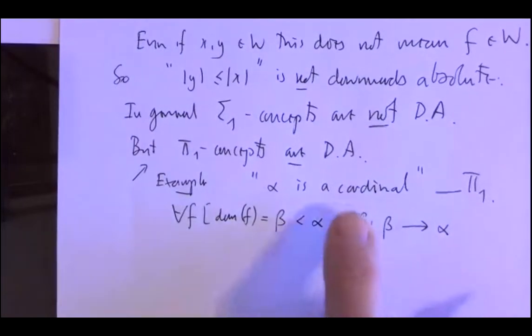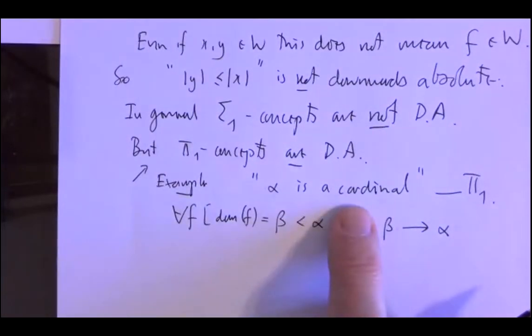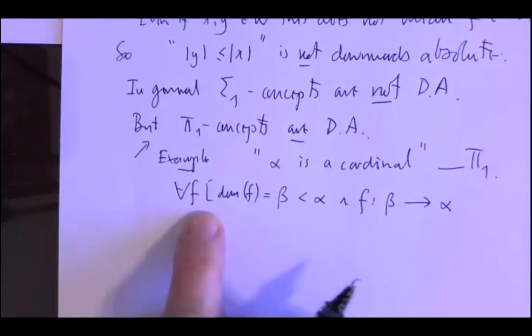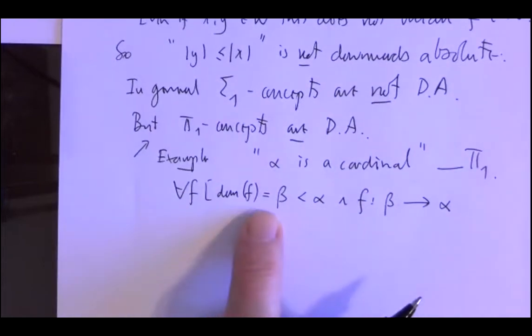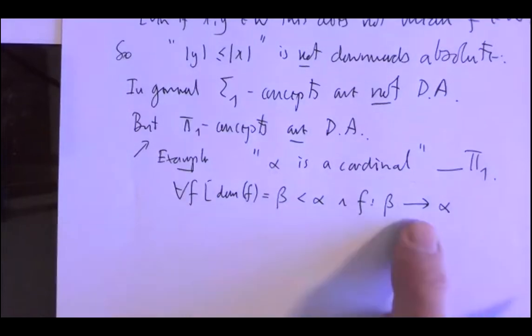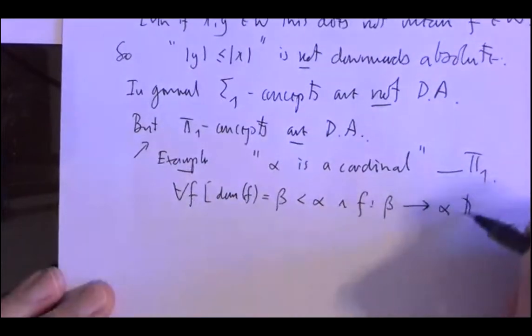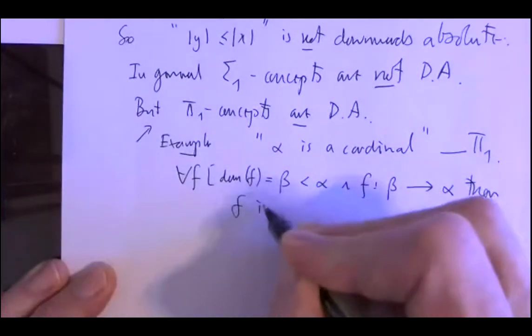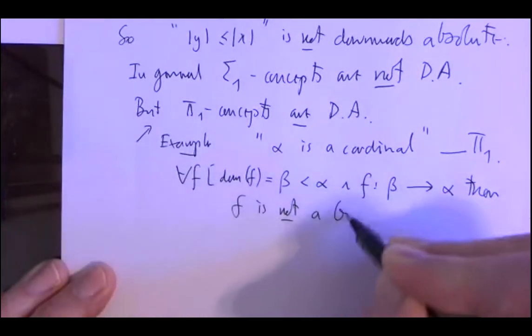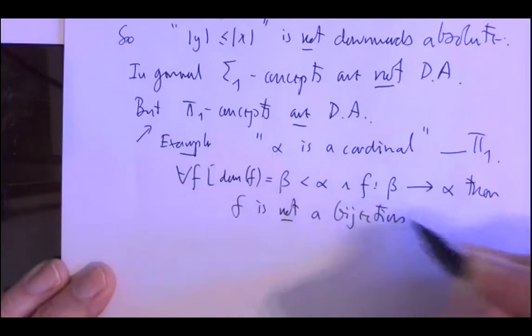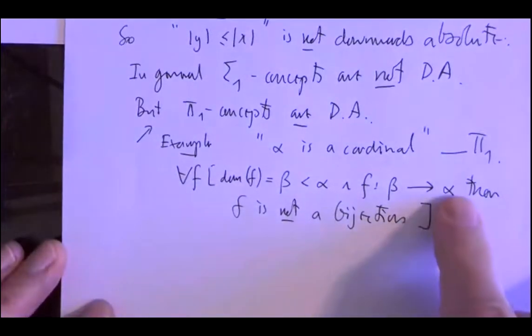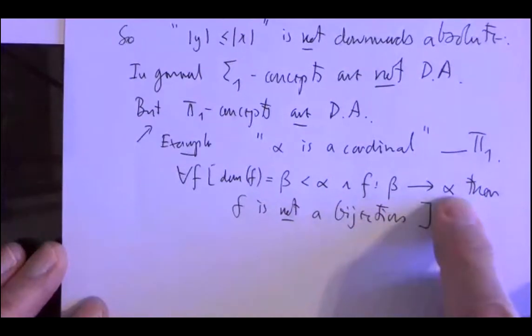Being a cardinal means you're not bijective with something smaller. So here we're going to say the opposite of that: for any function, if its domain is something smaller, this is not a bijection. So there's no map from alpha to something smaller, so it's a cardinal.